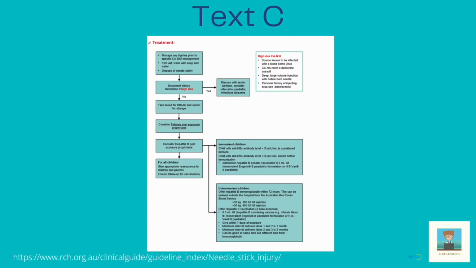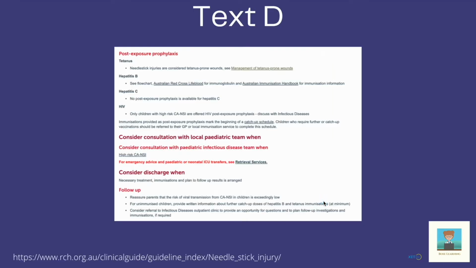Text C was the treatment pathway: what to do if the patient was high risk, what to do if they were not high risk, what to do if they were immunised or not. And then text D was the post-exposure prophylaxis and then further management. What else should be done on discharge?